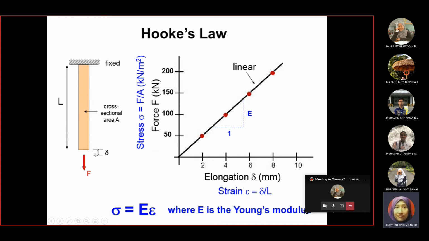Apply some F here, you will see the changes in L, and then you compare to the original L, that will give you elongation. They can have elongation or they can have shortening. Elongate kalau dia memanjang, kalau dia memendek tu kita panggil dia shortening lah, bergantung kepada daya yang you kenakan F ni. Sama ada compressive ataupun tensile force, compression force ataupun tension force.